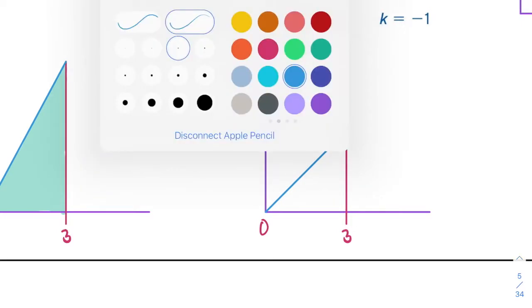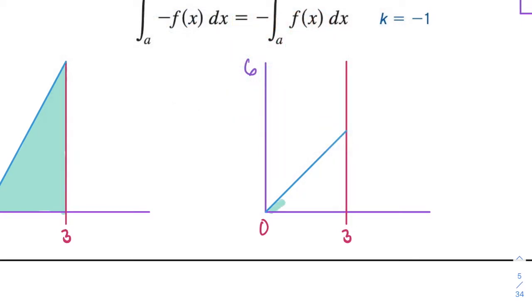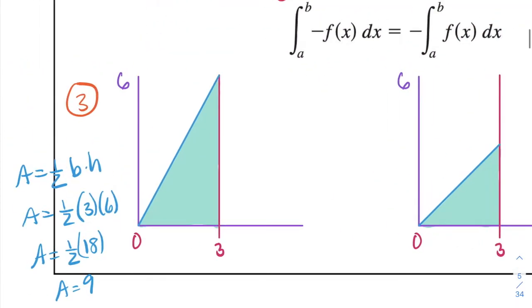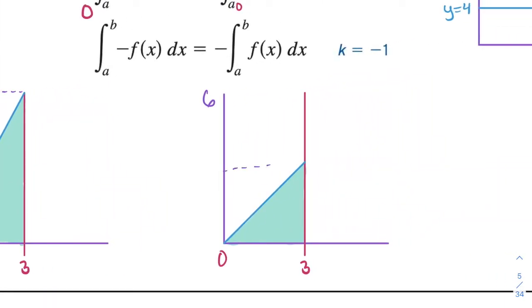So instead of it being 2x, it's y equals x, which has a slope of 1, so it goes up 1 over 1. So it intersects at 3 now instead of intersecting at 6.